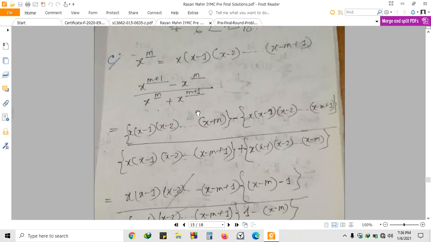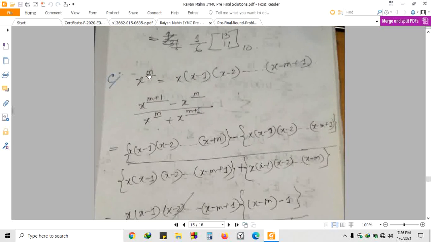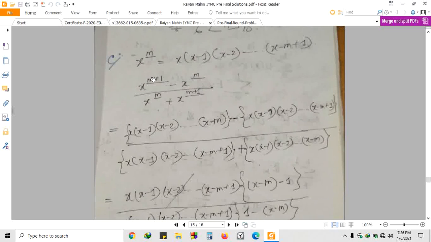So if x to the power m bar is x into x minus 1 into x minus 2 and so on up to x minus m plus 1, then for x to the power m plus 1 bar, the last term will obviously be x minus m, which can be easily understood. Then we wrote down this line and took out the common part.